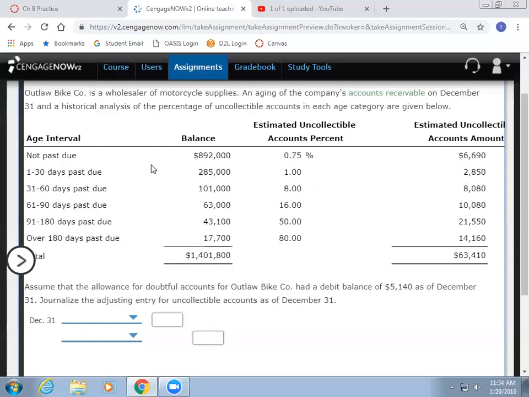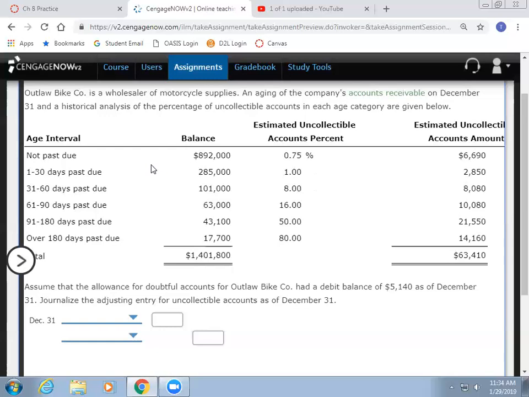So I'm going to debit bad debt expense and credit allowance for doubtful accounts, 68,550. The reason for that is I'm balancing a T account. To get to 63,410, if I do an adjustment of 68,550, I'm going to subtract out that debit to balance it.